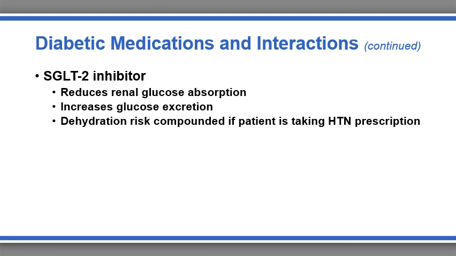So again, there is a dehydration risk, which should make sense if we're impacting the kidneys and fluid absorption. There is a risk, and that gets compounded if someone is taking a hypertension medication. If you recall, some of your hypertension medications work at the kidneys to bring down blood pressure.